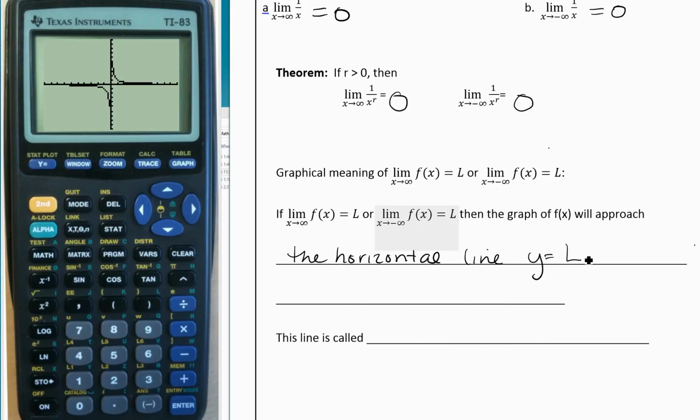So here, when we said the limit was 0, we're saying the graph on either side approaches the line y equals 0. And this line is called a horizontal asymptote.